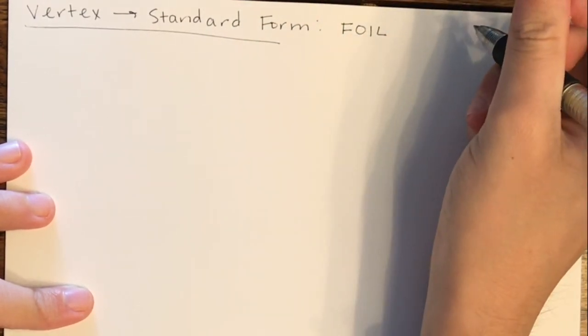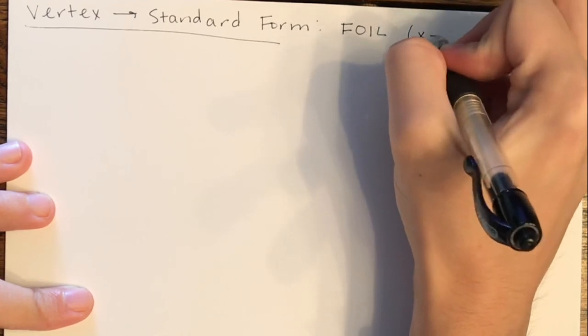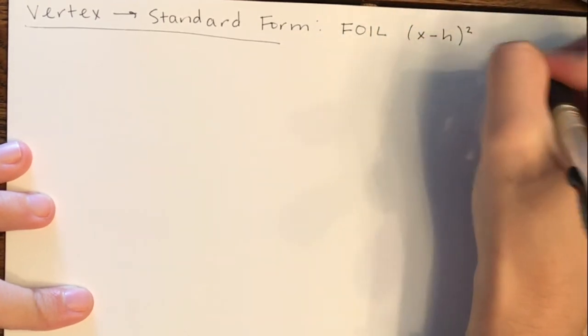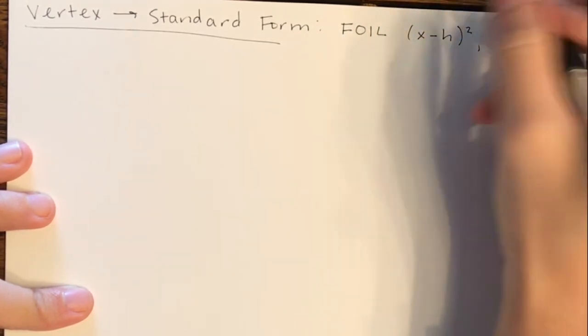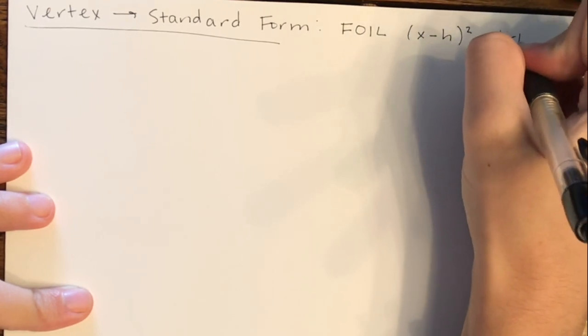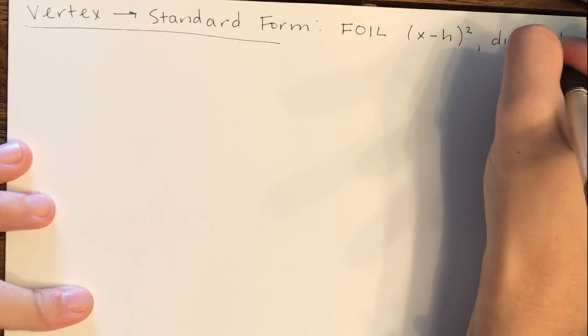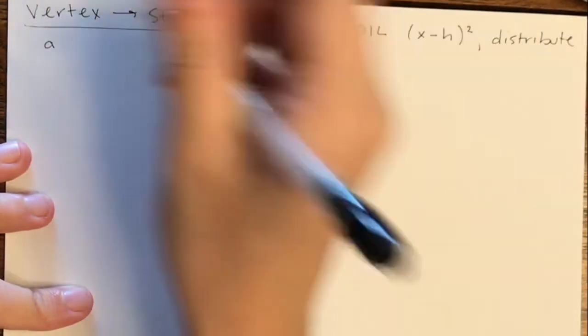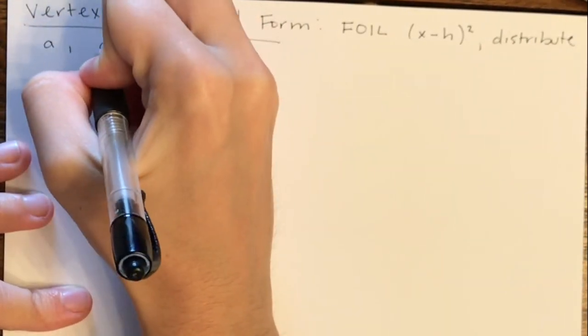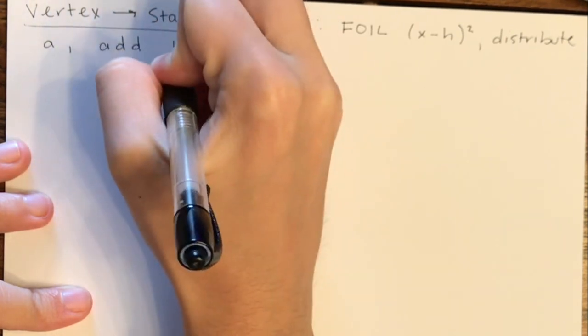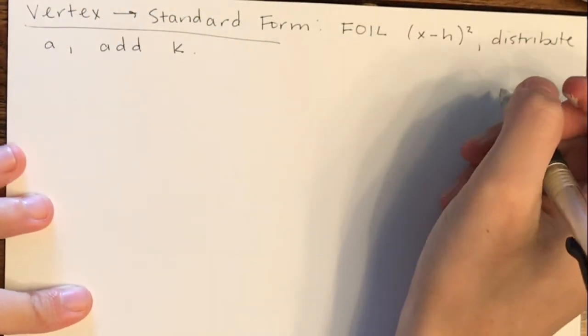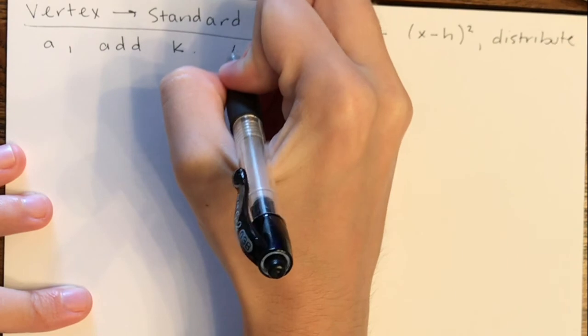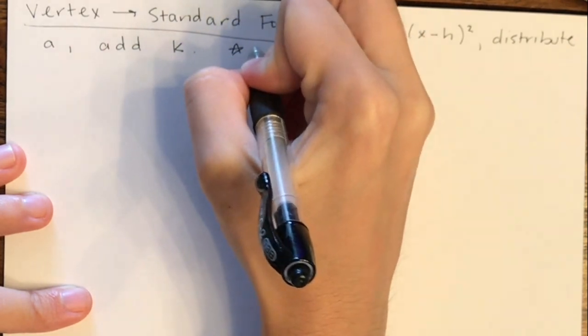Multiply out x minus h squared. Then we distribute a, which is our leading coefficient, and we add k. Easy as that, right? This is just simplifying.